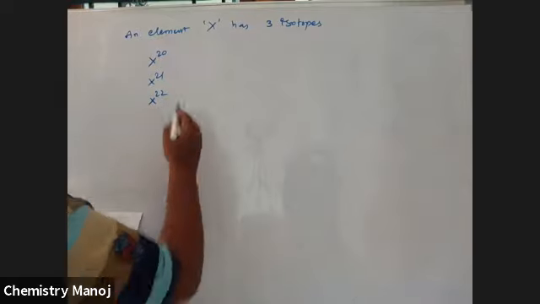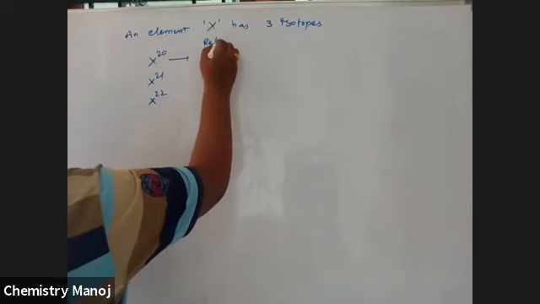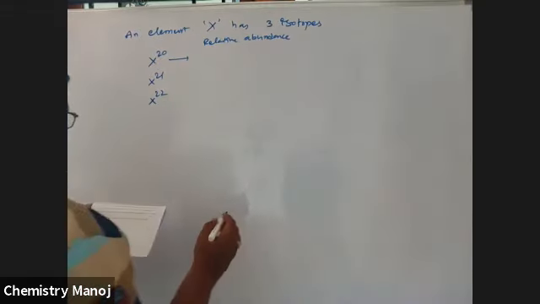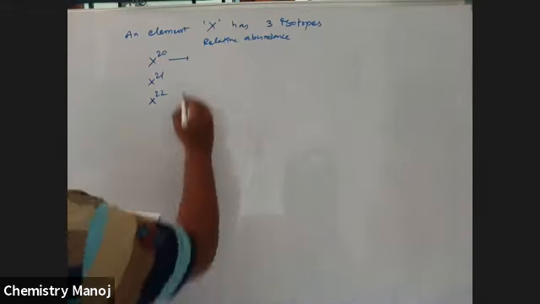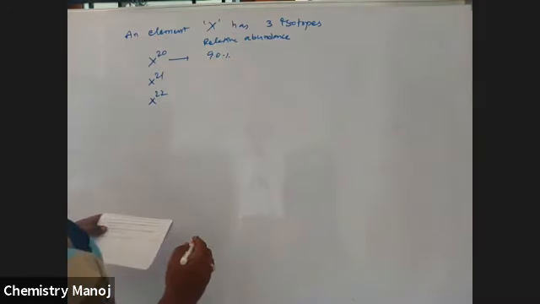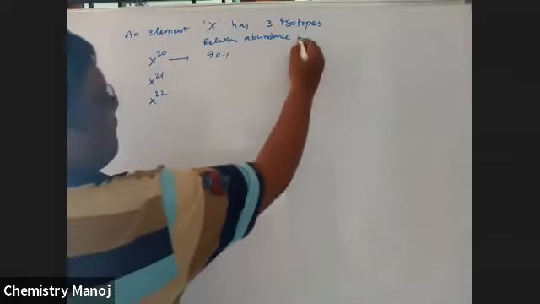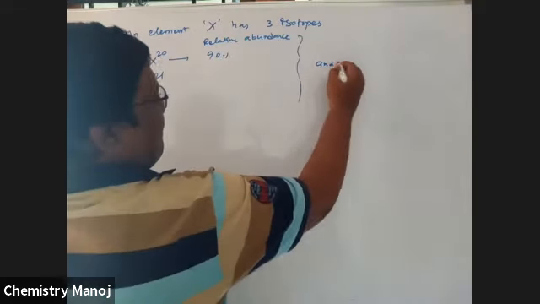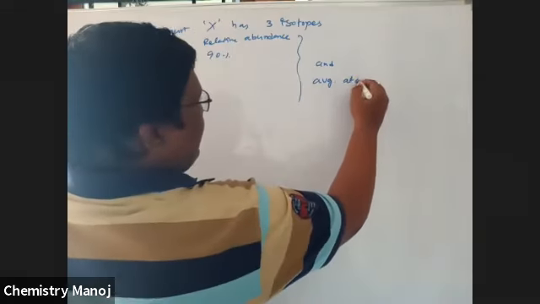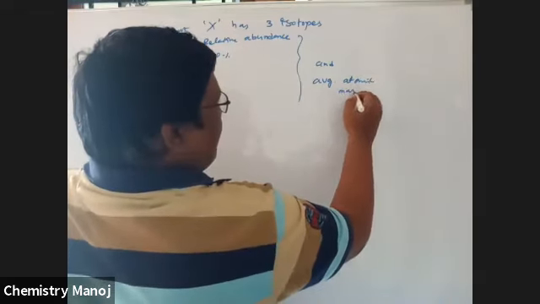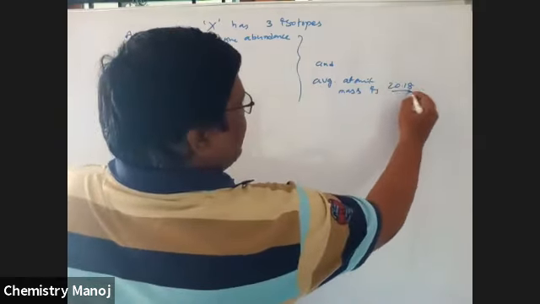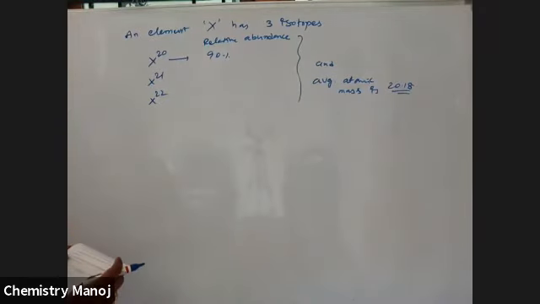The relative abundance of X20 is 90%, and the average atomic mass is 20.18.